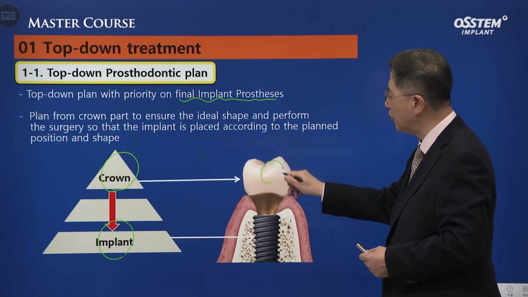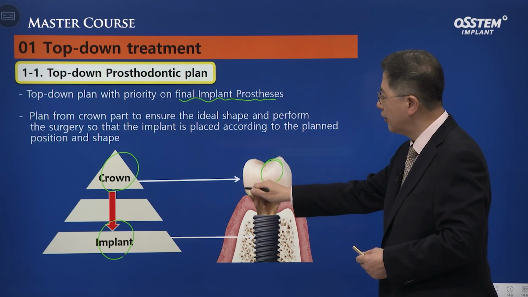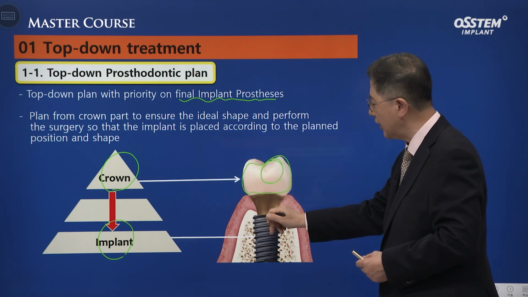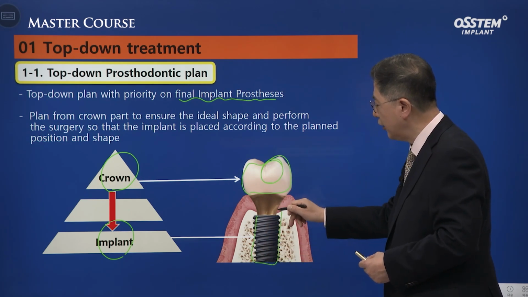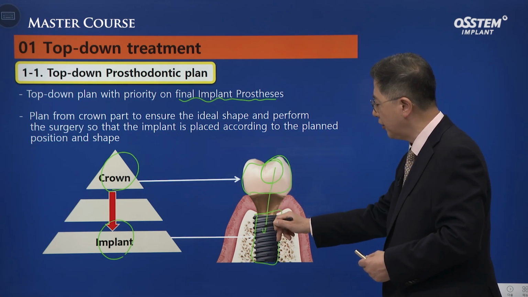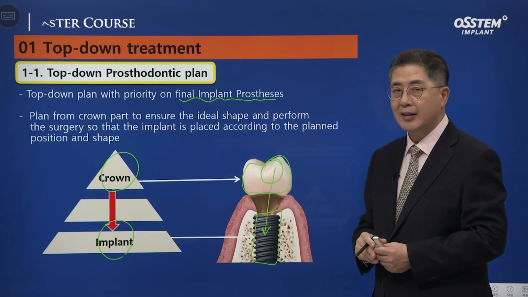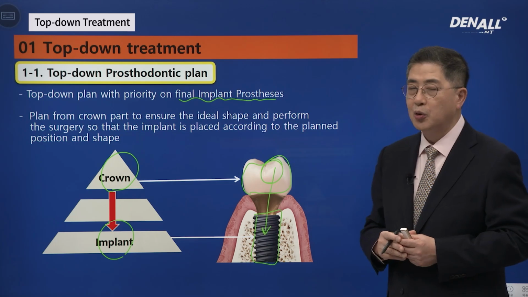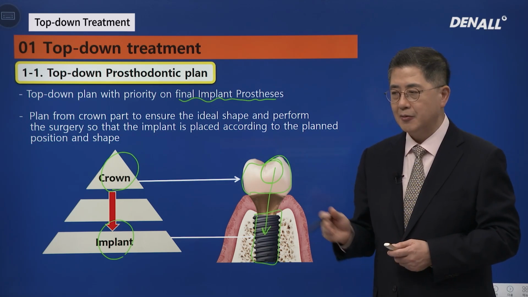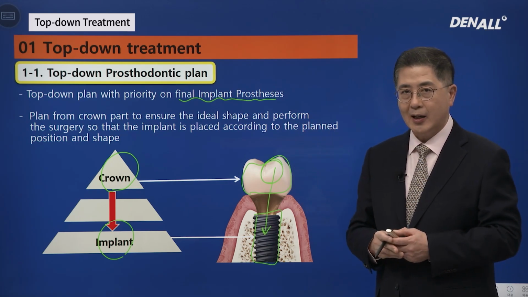The prosthesis that is desired is like this, and below that, the goal is to place an appropriate implant. But this is only possible in certain conditions, so we need to consider various scenarios based on this treatment plan.